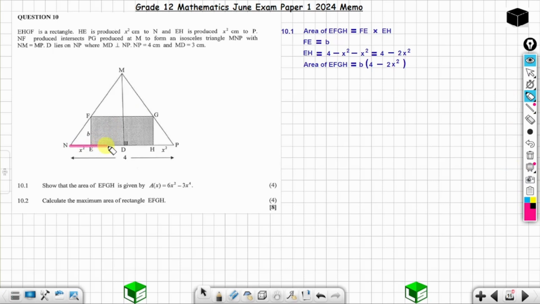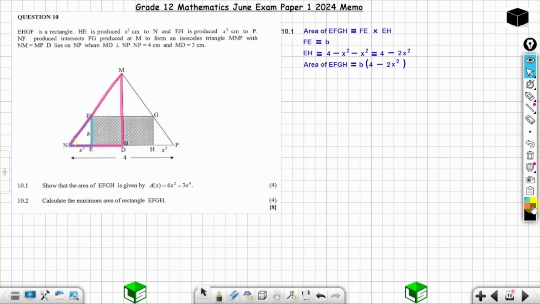This triangle and this triangle, the two triangles have got a common angle, the angle N, and FE is parallel to MD. So you are going to use proportionality to find B.